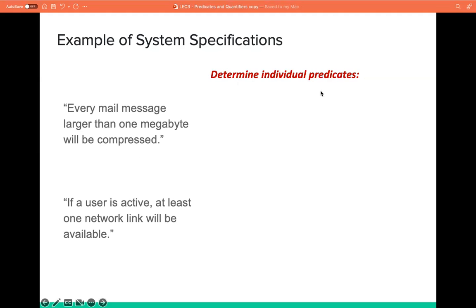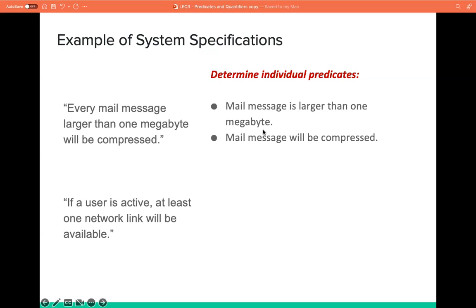First, we have to identify the individual predicates. In these statements, can you deduce which ones are the individual predicates? The first is that the mail message is larger than 1 megabyte, and that the mail message will be compressed. For the other statement, the user is active and a network link will be available.